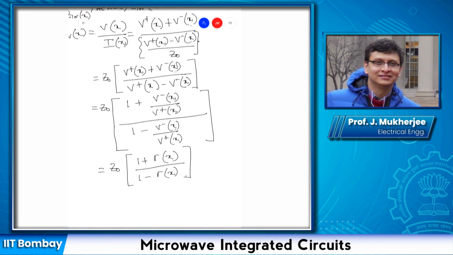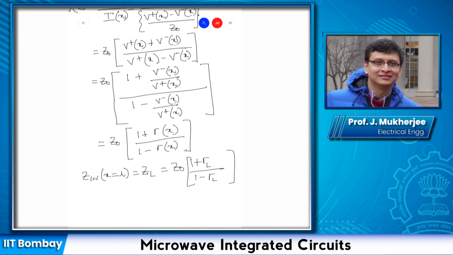So then Zin at x equal to L is equal to ZL, which is equal to Z0 times 1 plus gamma L over 1 minus gamma L. In place of gamma L, let me just call this gamma L, with L being a subscript.